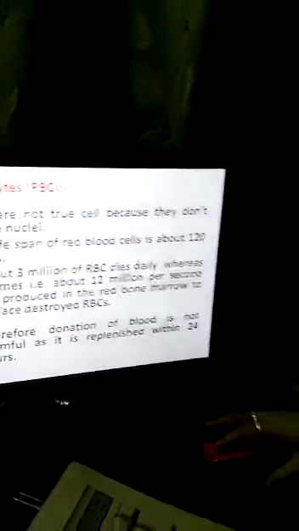Students remember, blood cannot be produced in a factory, it is only produced in the body of human beings. Donation of blood is a noble task. We must donate blood, and it is not harmful because within 24 hours it gets replenished in the body.